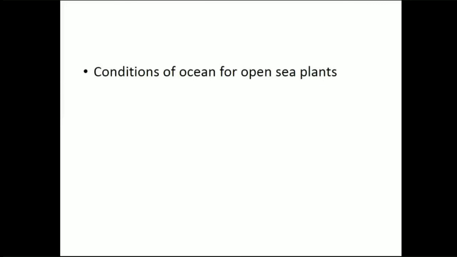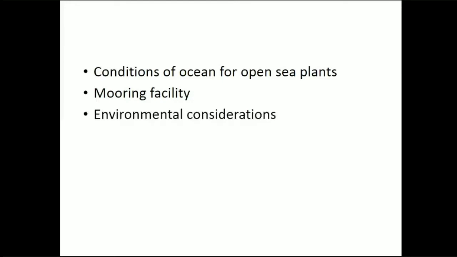Then conditions of the ocean for open sea plants. The turbulence of the sea should be minimum. Then mooring facility, proper mooring facility should be there in case of open sea plants. Then environmental considerations.